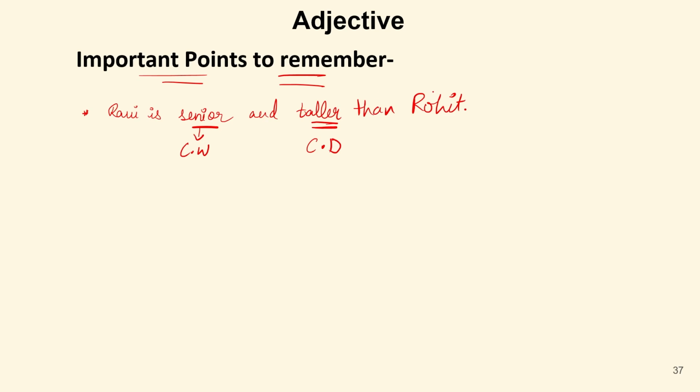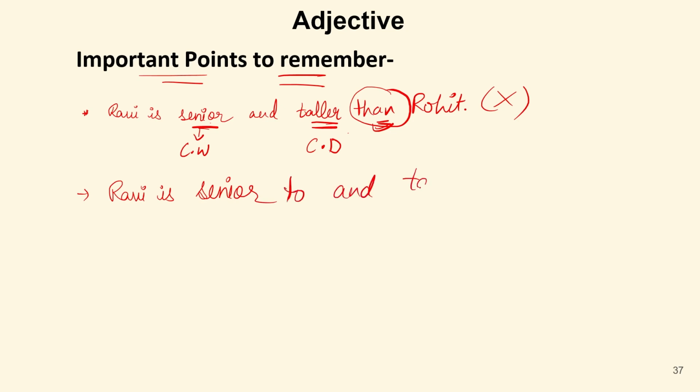And after that, we have a preposition or a conjunction, that is than. Now, with taller we can use than, but with senior, can we use than? No. It means this sentence is incorrect. Why? Because with senior, we need to add to. So the correct sentence will be Ravi is senior to and taller than Rohit.